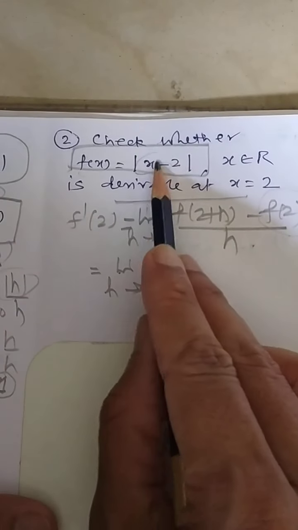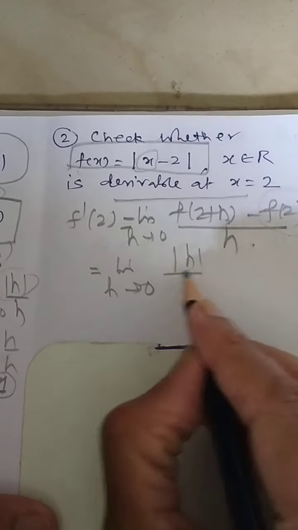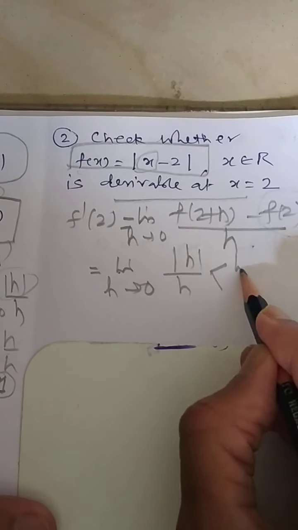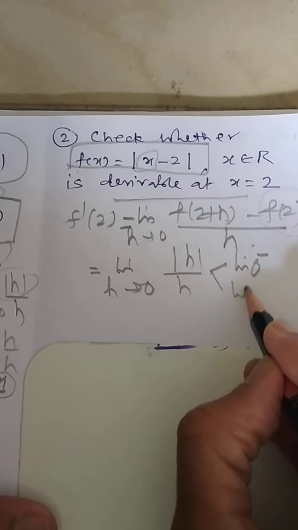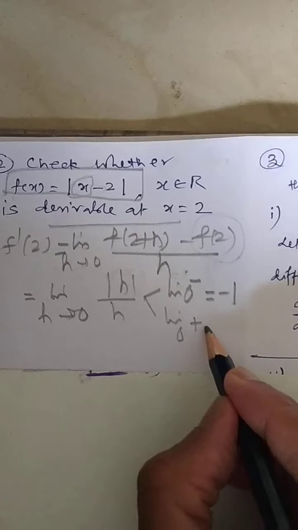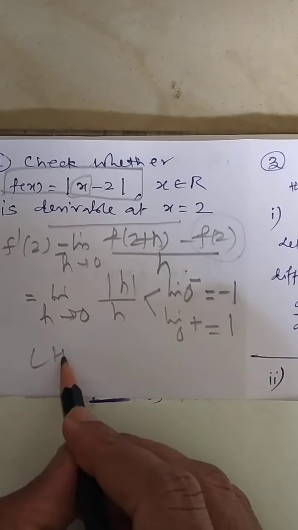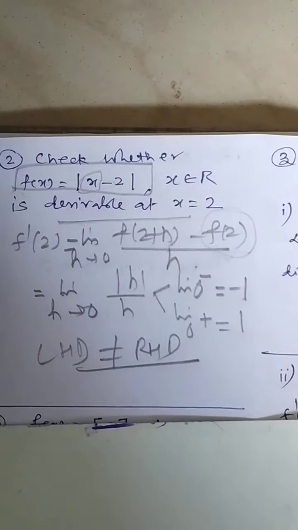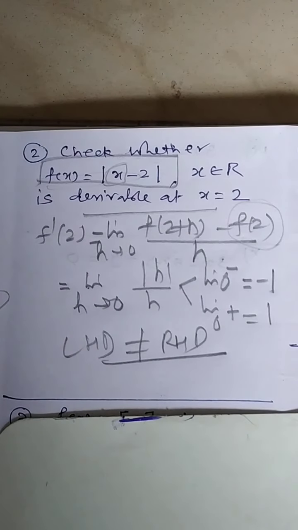If you replace here, you will get mod h upon h. And just now we have seen that whenever you talk about this, for h negative and h positive, you will get this answer as minus 1, and over here this answer as plus 1. So the left hand derivative is not equal to the right hand derivative. Therefore the given function is not differentiable at x equal to 2.